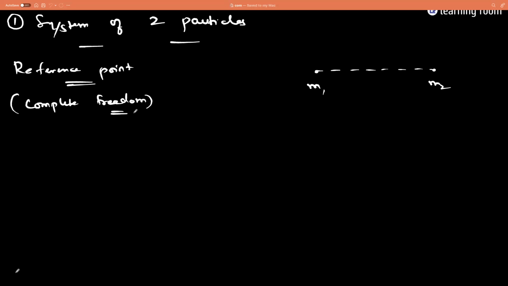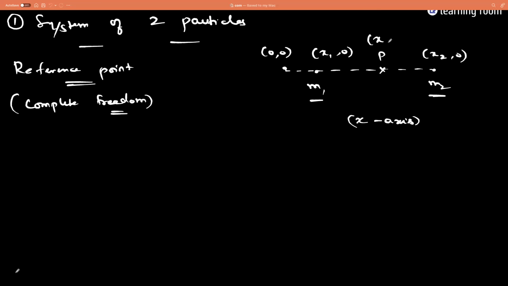You're free to choose it. So, for instance, if I take the reference point to be here, the reference point is basically the origin. Then if I draw a line like this, I can say that M1 and M2 are lying on the x-axis. If I take the position of M1 to be x1, 0, and the position of M2 as x2, 0, then let me say the center of mass is somewhere over here, which I'll call xcm, 0.